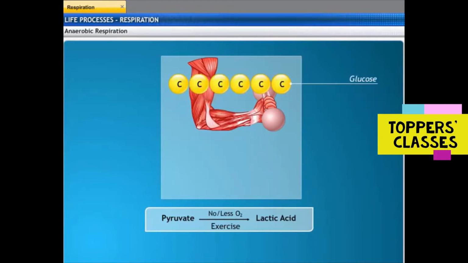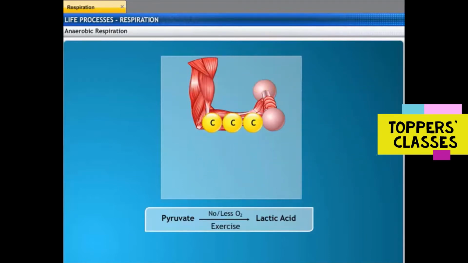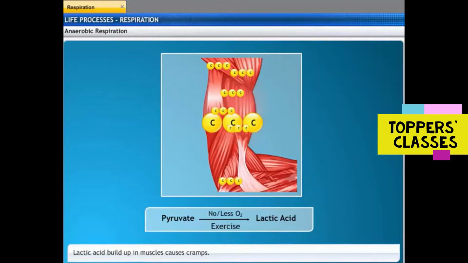In this case, the pyruvate molecules are broken down in the anaerobic process. Pyruvate molecules get converted into lactic acid, which is also a 3-carbon molecule. This lactic acid builds up in our muscle cells and causes cramps.